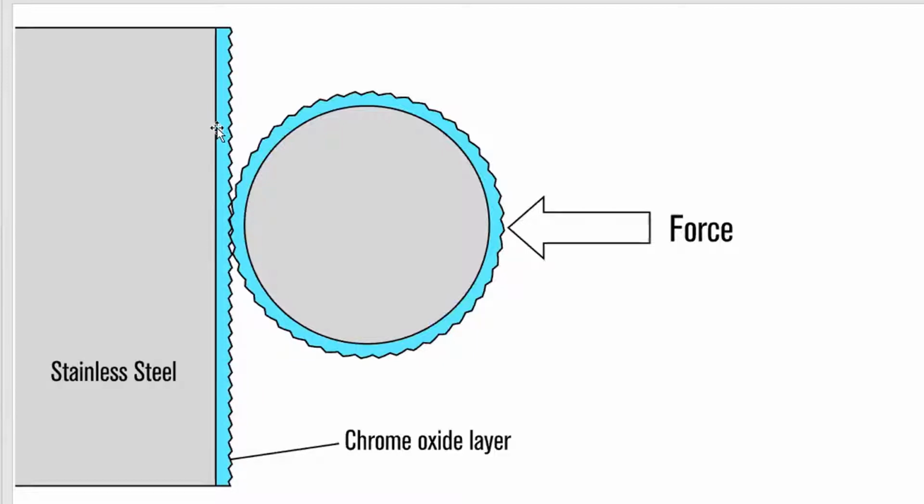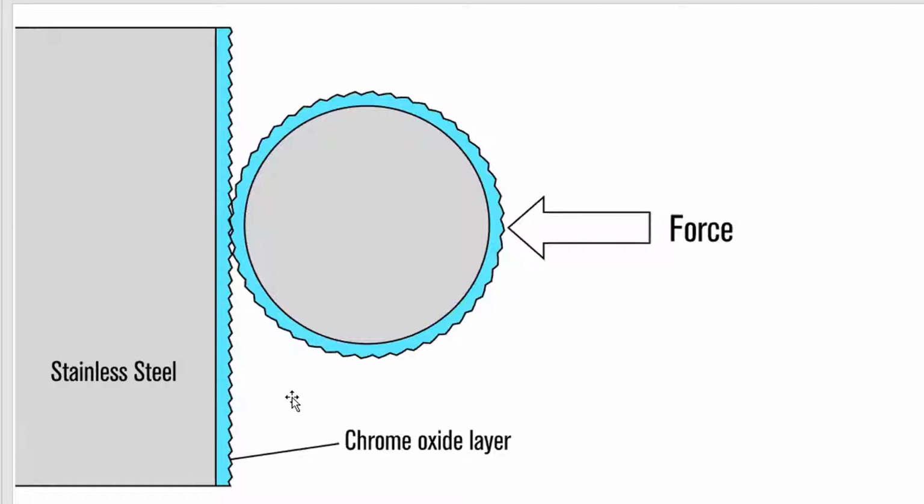And chrome oxide is very corrosion resistant. We know that. It's also quite hard. So you get a surface hardness of stainless steel. It's actually a little bit harder than the substrate. Very typical.